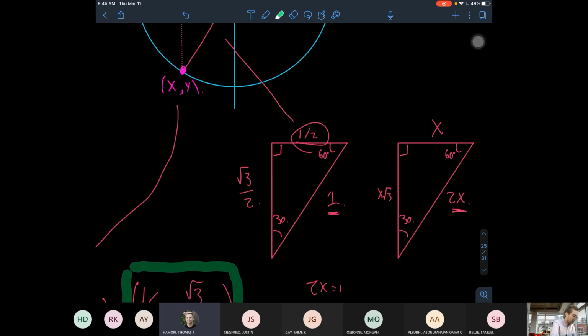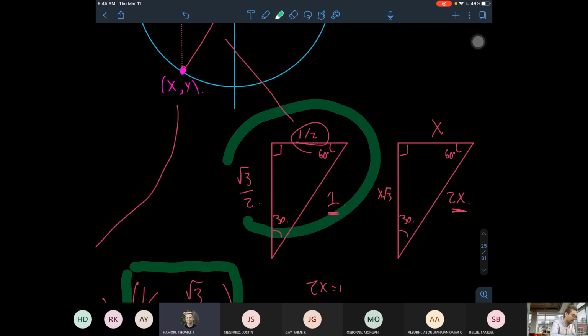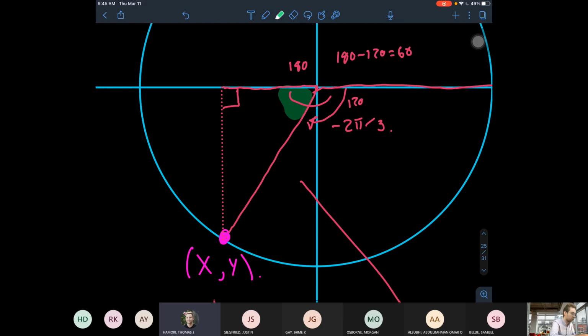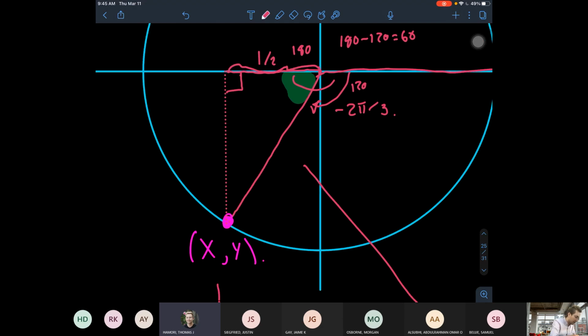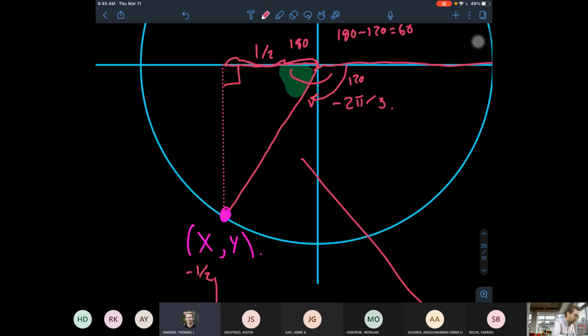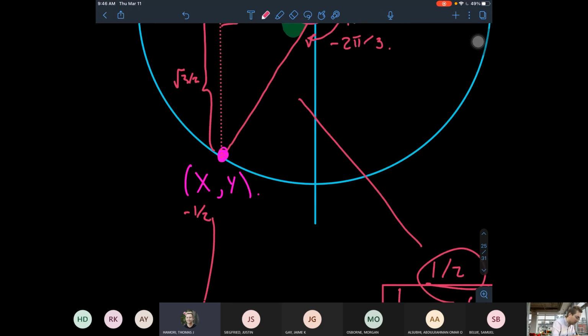Just because the lengths of the sides of my triangle are always measured in positive because, well, length is a positive measurement, I do have to be careful that when I'm describing a point on the unit circle, although this length is 1/2, then the corresponding point will be negative 1/2 because it's 1/2 to the left. And this length here is square root 3/2. However, since it's a length of square root 3/2 which goes in a negative direction, the point will be negative 1/2 comma negative square root 3/2.